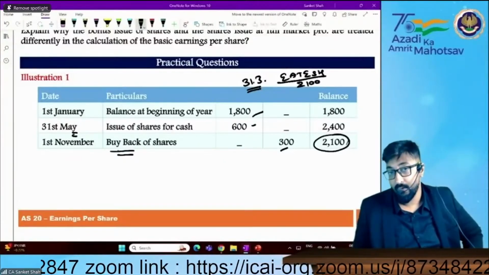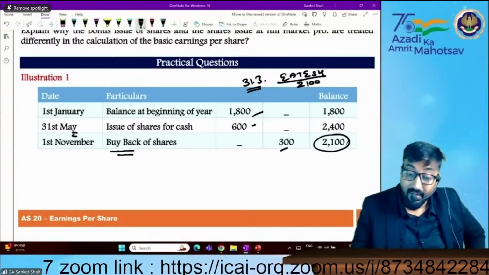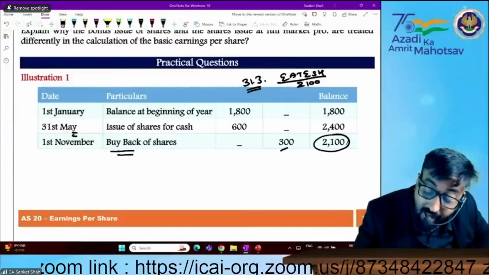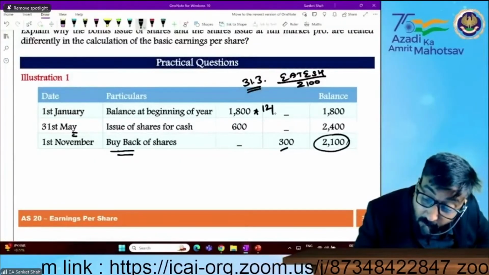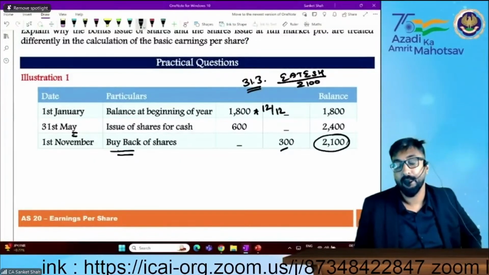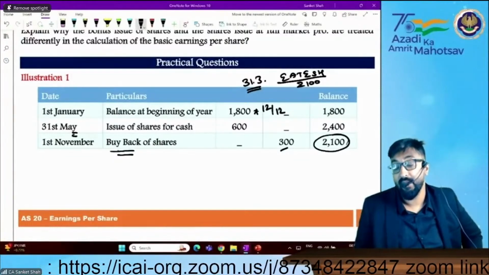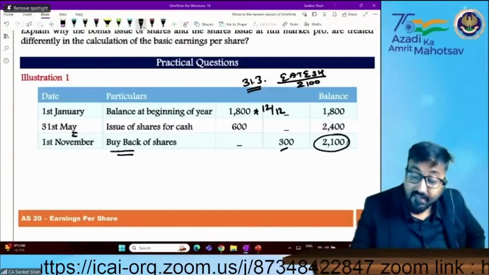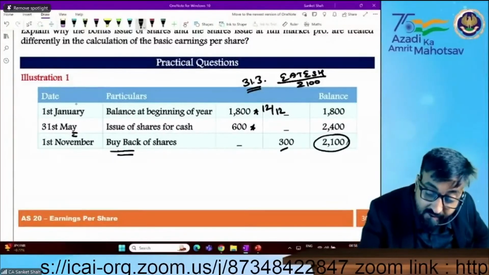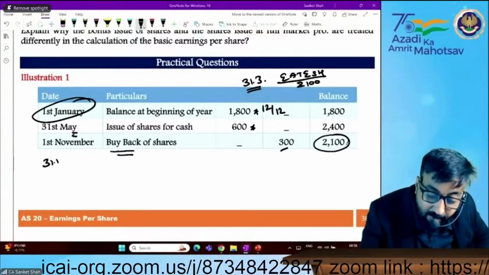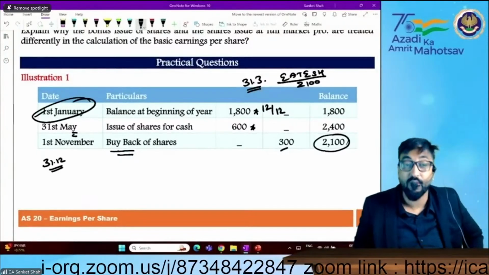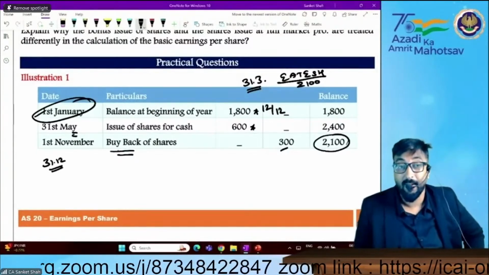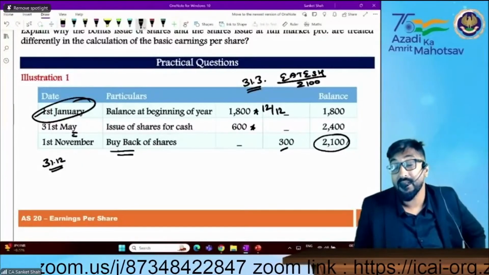No. Now you can see 1800 shares are with me for the full 12 months, start to end. Then 600 shares. This is the December ending. Sir, how did you understand? Because you started with 1st January. If I started with 1st April, then it is March ending.